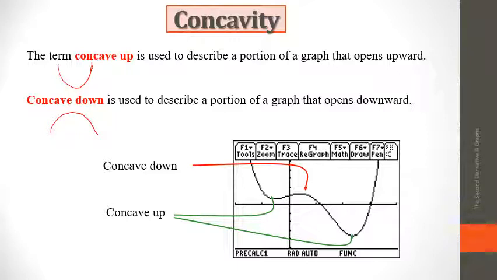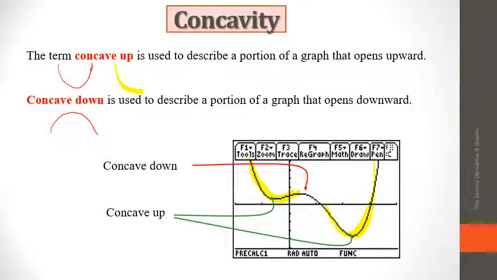So if you look over here, let's look at this yellow first part. This would be concave up. It's half of a smile face if you look at that. And then over here, right to here is concave up.